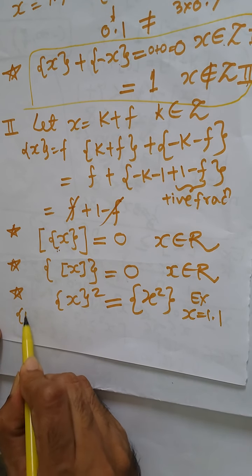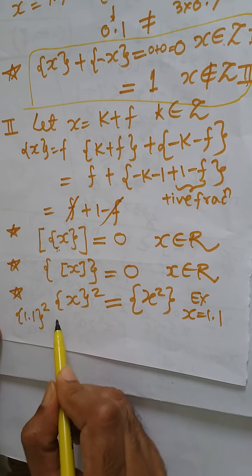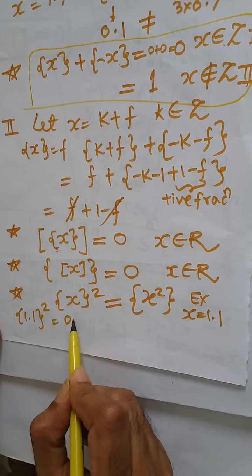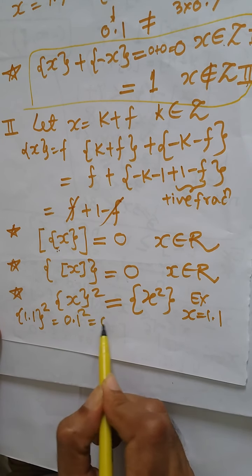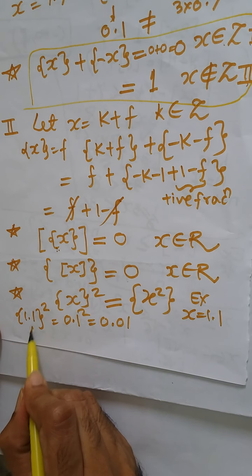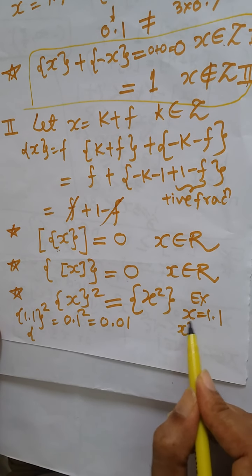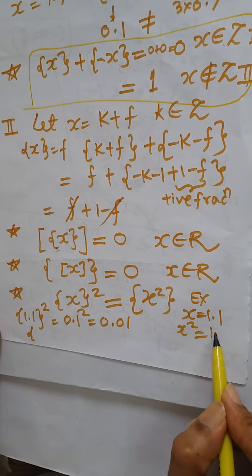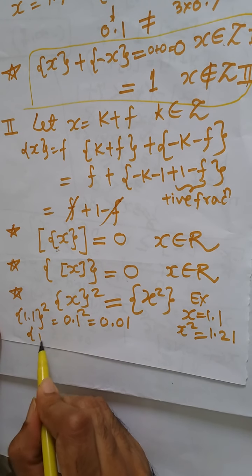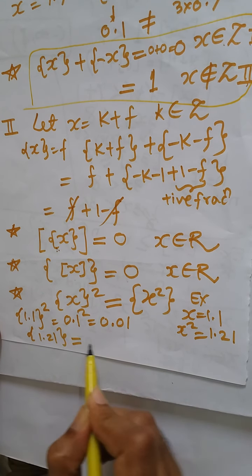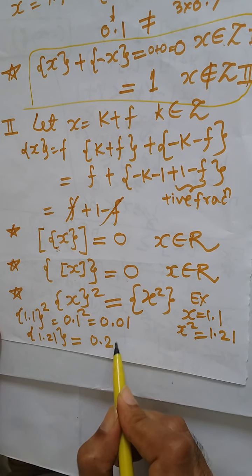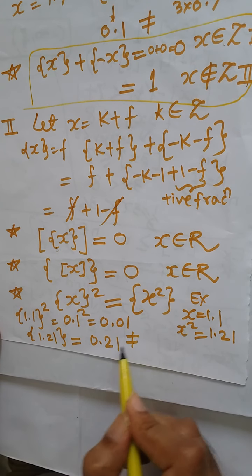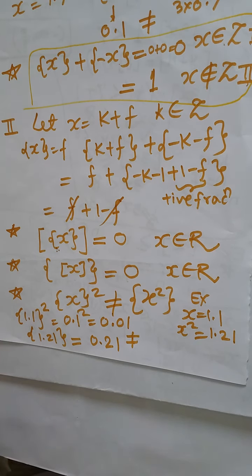The fractional of 1.1 is 0.1, its square is 0.01, but if you take x square, the square of 1.1 is 1.21, and 1.21 fractional is 0.21, which clearly are not equal. So in general we cannot write like this.